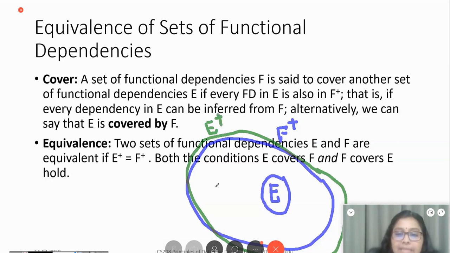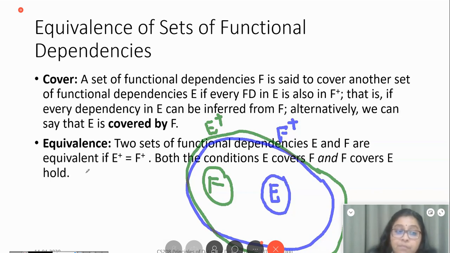And I say that F is covered by E, or E covers F. When both of these conditions are true, we say that these two FD sets F and E are equivalent. Clear? So two sets of functional dependencies E and F are equivalent if E plus is equal to F plus, or both the conditions E covers F and F covers E hold. So here E is covering F and F is covering E.